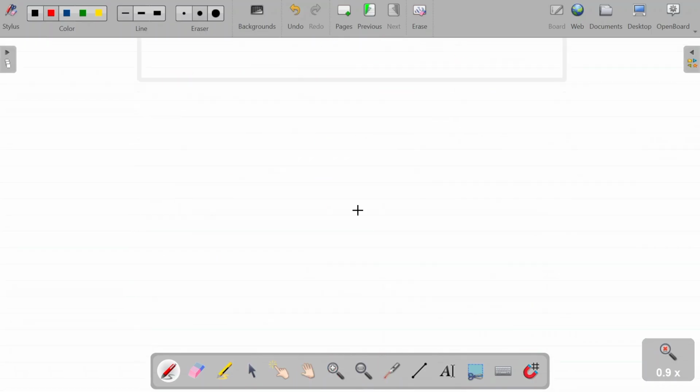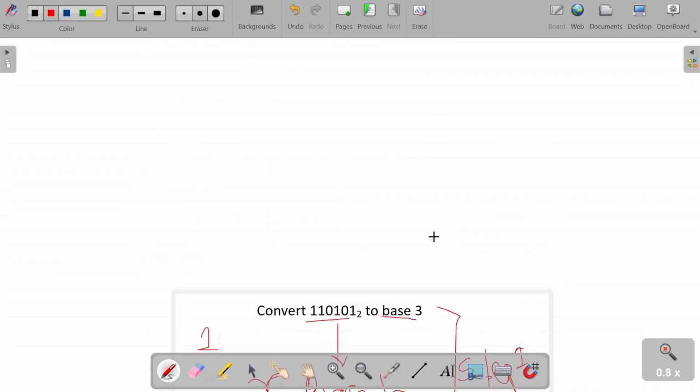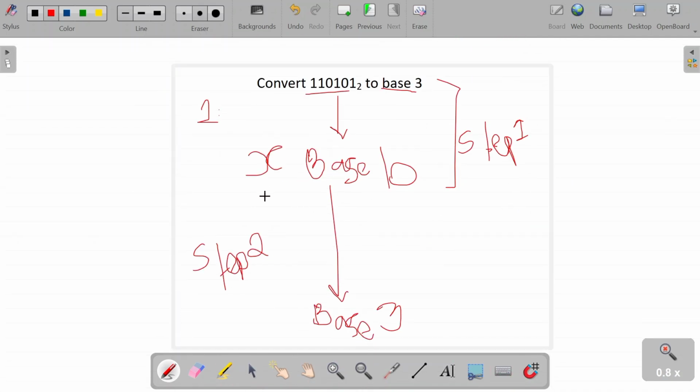So we convert it to base 3. You'll have to forgive my handwriting. So these are basically the steps. First step, convert 110101 base 2 to base 10. Then convert it to base 3. Simple as ABC, right?